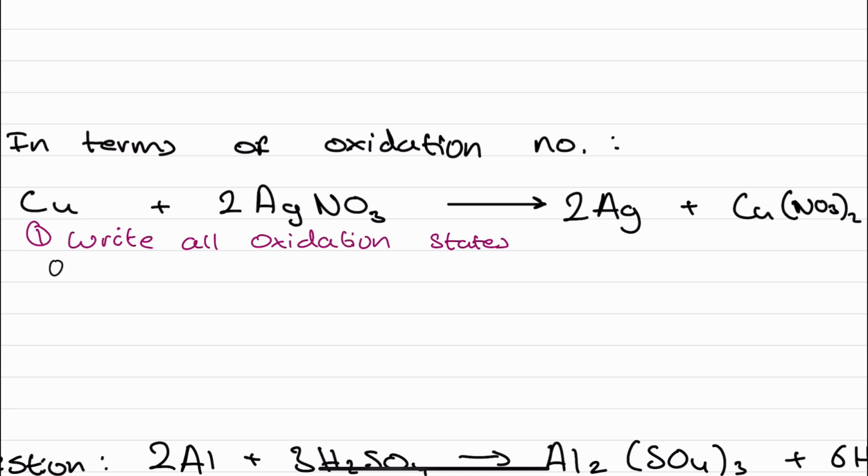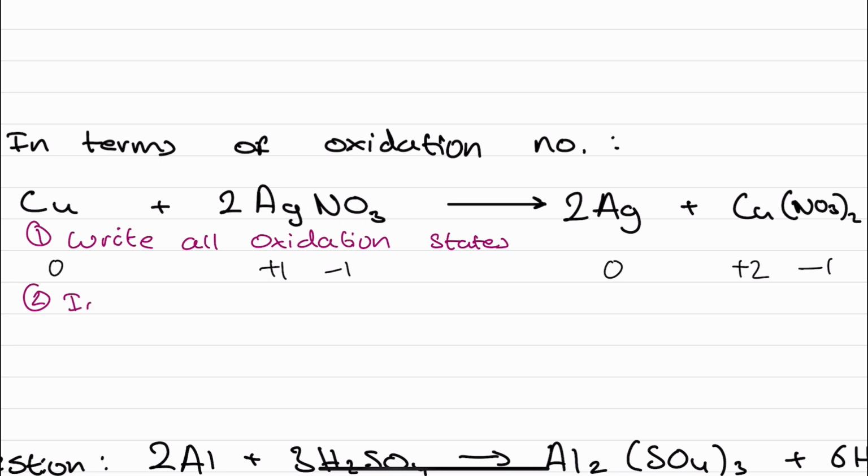We have NO3 as -1 because NO3 minus is a polyatomic ion. Therefore, silver must be +1 because the overall charge is 0. We have silver on this side being 0 because it's standalone. Then we have NO3 minus as -1 again, but Cu here as +2 because there's 2 NO3 minuses and the overall charge is 0, so Cu must be +2.